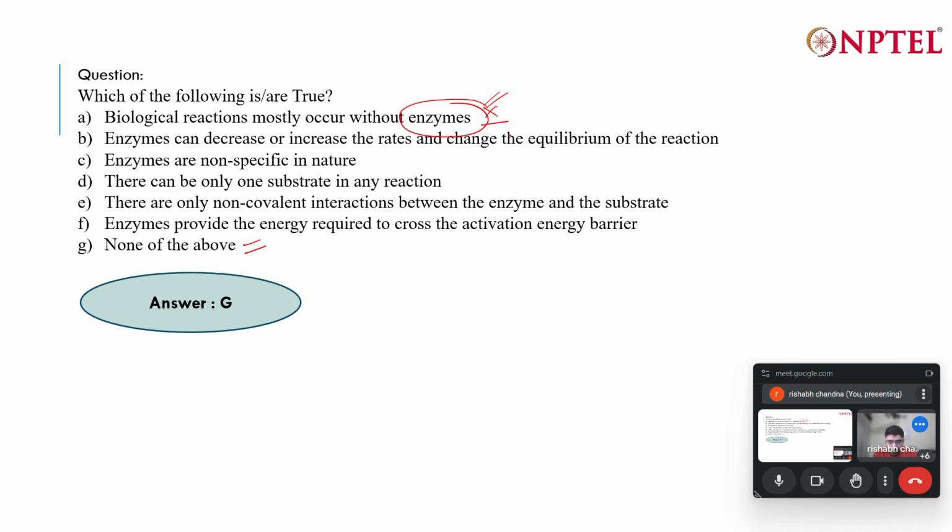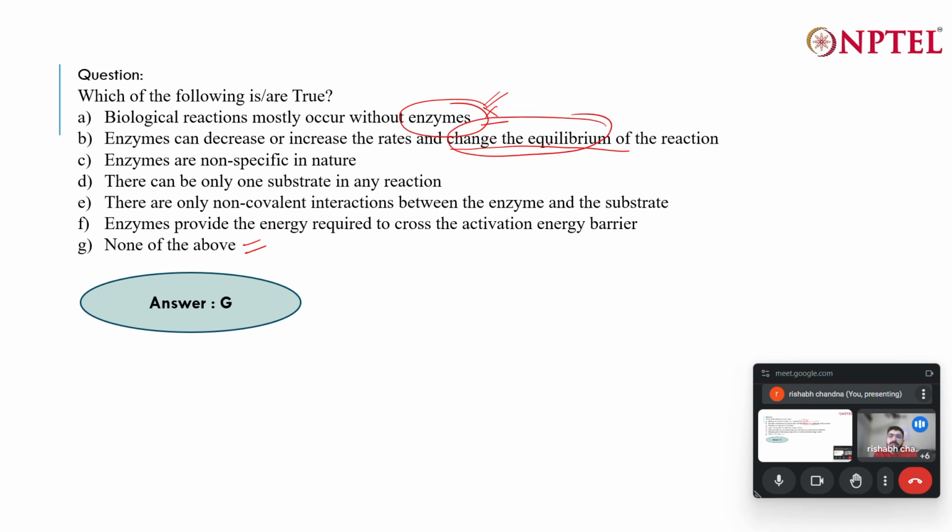Enzymes can decrease or increase the rates and change the equilibrium of the reaction? No, it will never change the equilibrium of the reaction. It can increase or decrease the rate or the energies used for conversion of substrate to product, but it will not be able to change the equilibrium of the reaction.